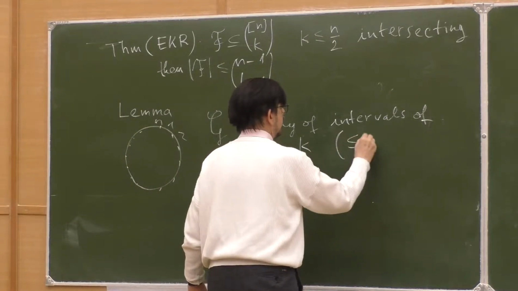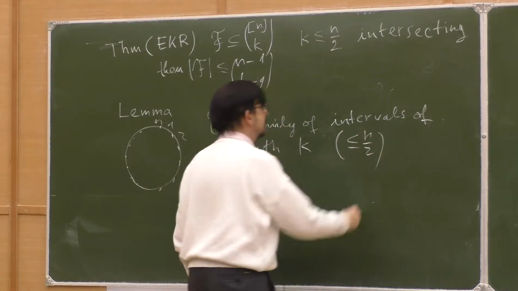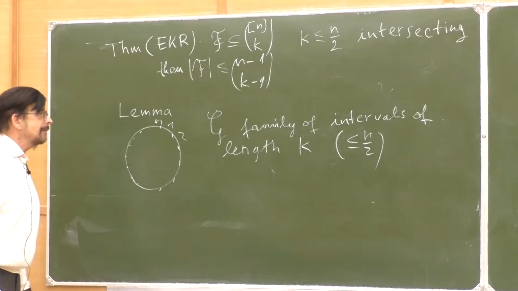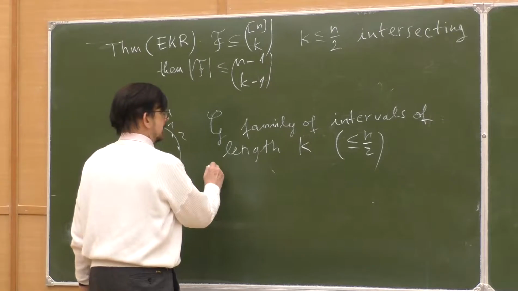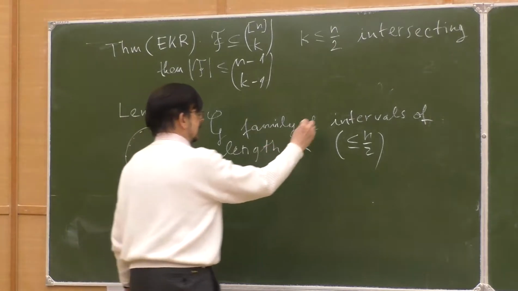Again, k is less than or equal to n over 2, and the intervals are intersecting.